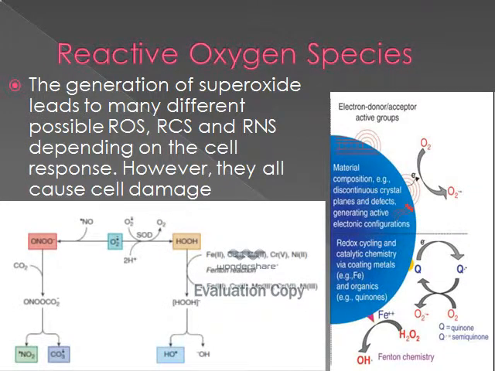The generation of superoxide leads to many different reactive oxygen, carbon, and nitrogen species, depending on the cell response. If this mutase is activated and peroxide is produced, then with the Fenton reaction, hydroxyl will be created.